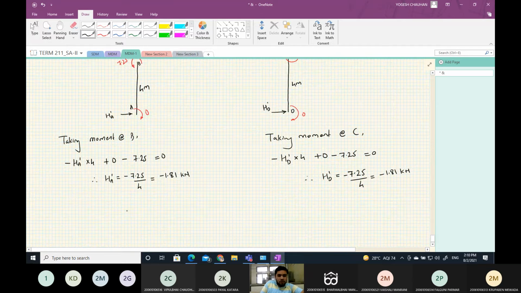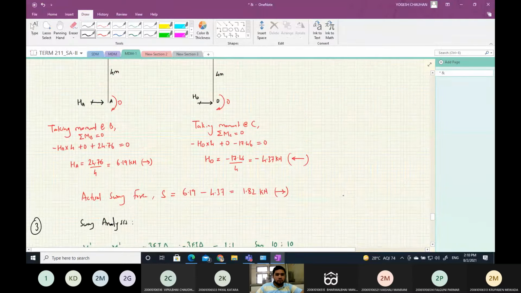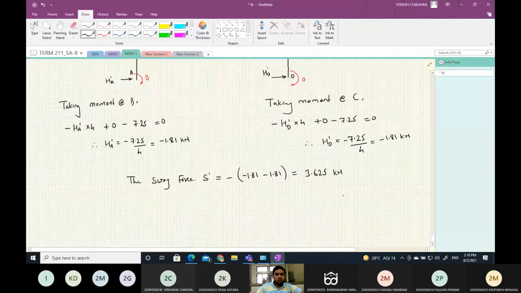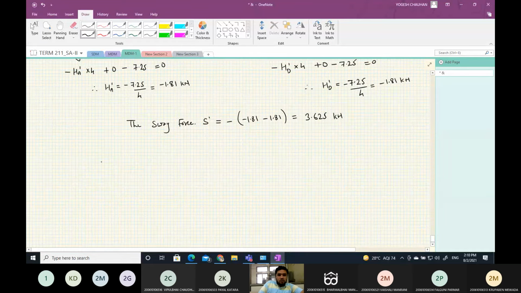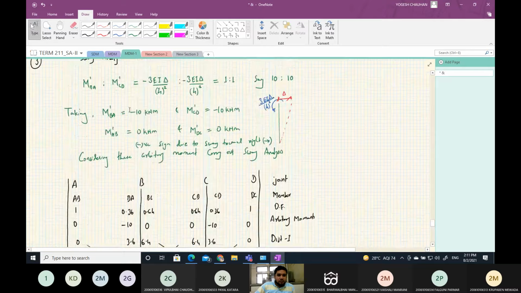Now this sway force we call S dash, which is equal to minus of minus 1.81 minus 1.81, so you will get 3.625 kilonewton.